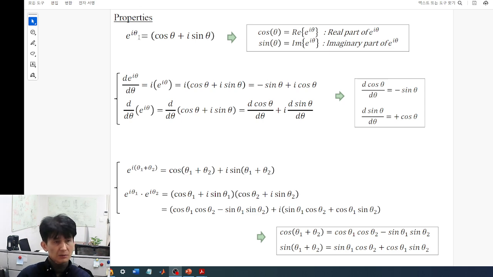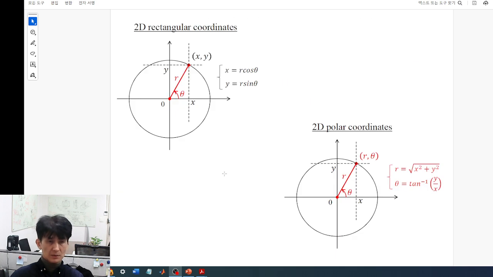So after we represent a function in an Euler form, if we want something that has a physical meaning, we just take the real part of that function. That's the trick we use in quantum mechanics, and for a lot of oscillation or wave functions, we use just the Euler form instead of the sine and cosine form.